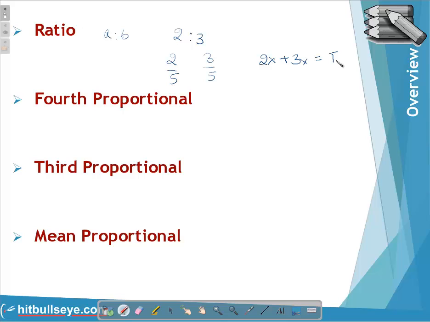Now we have what is a proportion. Starting with the different definitions, firstly we have the fourth proportion. The fourth proportion is the fourth number having the same ratio with the third as the second has with the first.